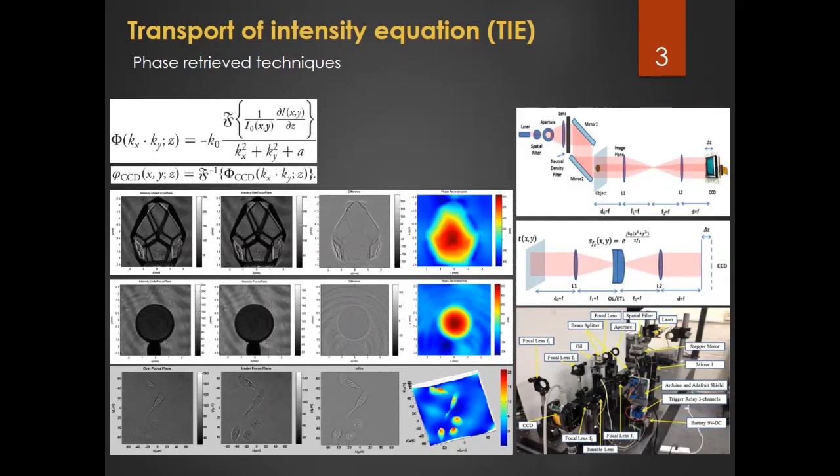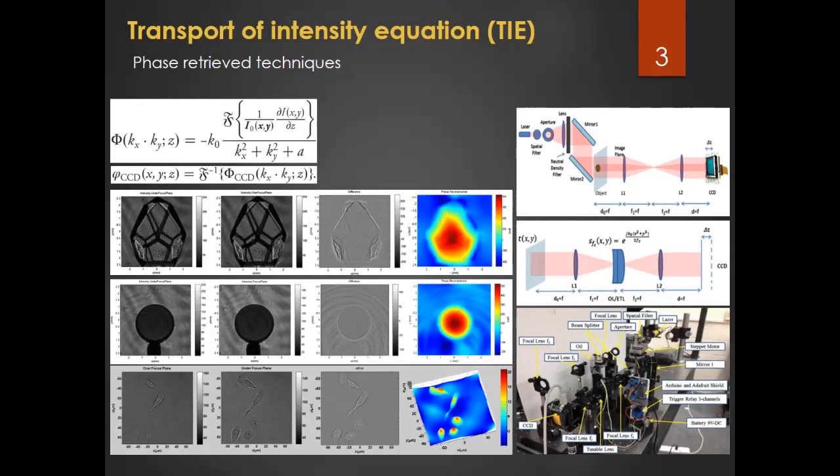In order to take multiple images, I have to move the camera. The limits of moving the camera introduce errors in the reconstruction. So in order to overcome this limitation, I put a tunable lens here.